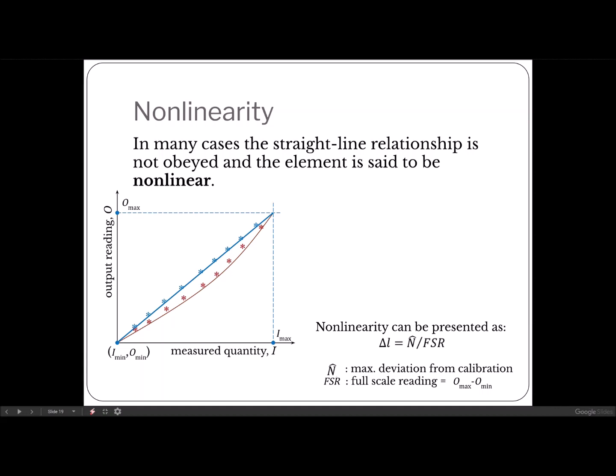We don't like it, because when you are doing measurement, you don't want to be bothered with the relationship between output and input. What we always love in a measurement device is a linear relationship. It's easier to measure, easier to manipulate, and easier to use in a control environment, in a closed loop system.